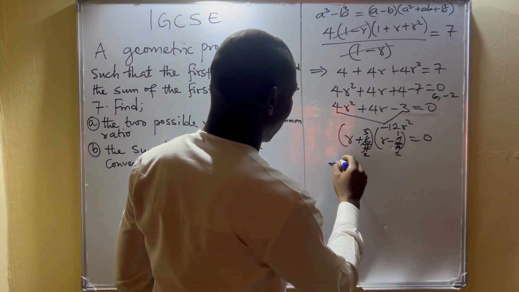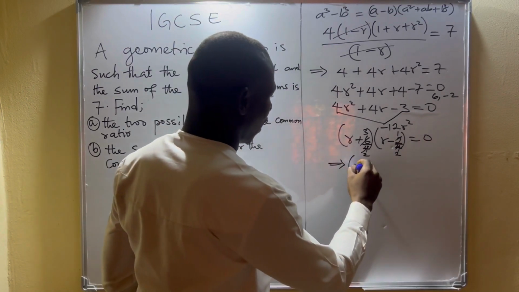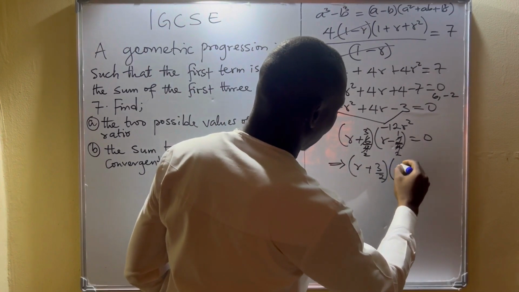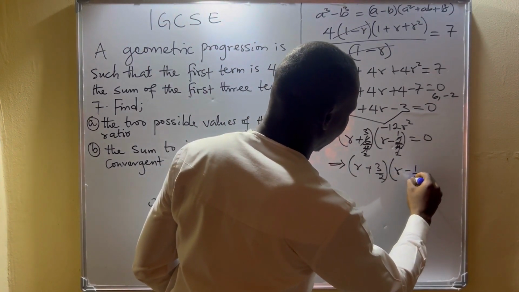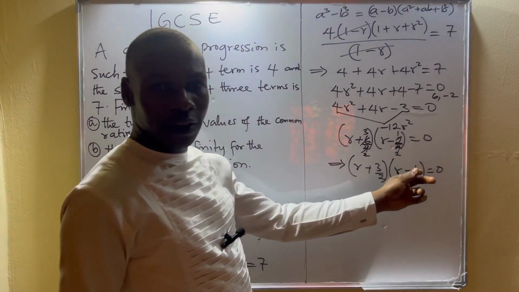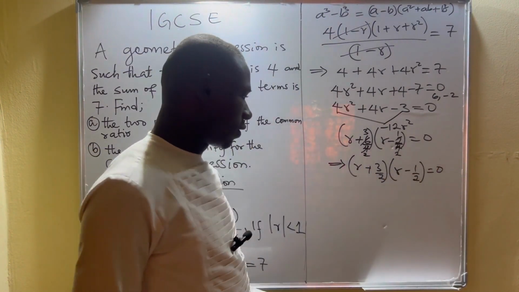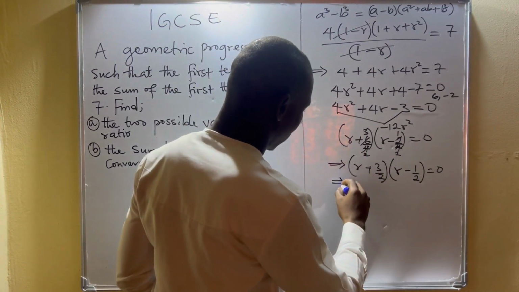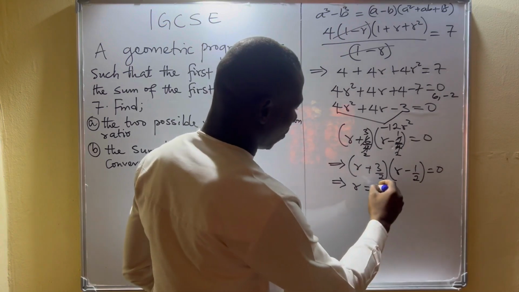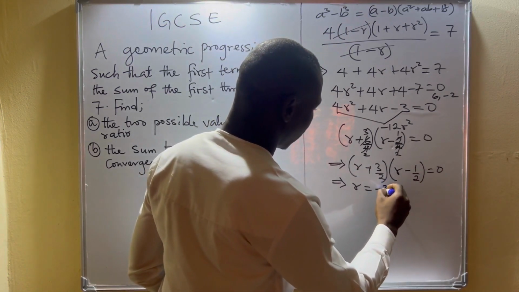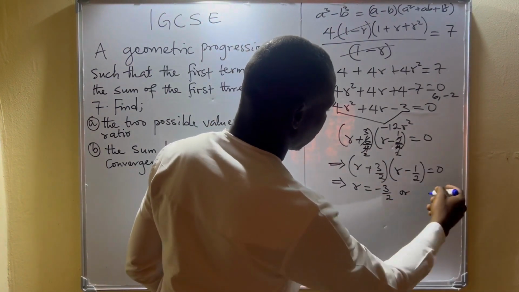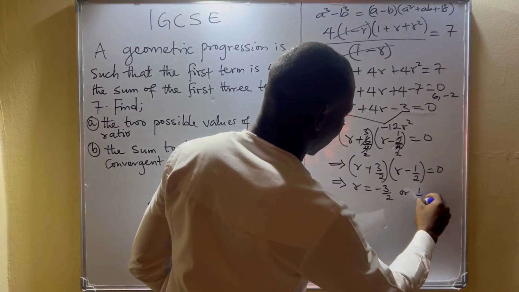So we have achieved that r plus 3 over 2 times r minus 1 over 2 is equal to 0. So when we set each of the brackets to be 0, we have that r is equal to minus 3 over 2, or this one, 1 over 2.